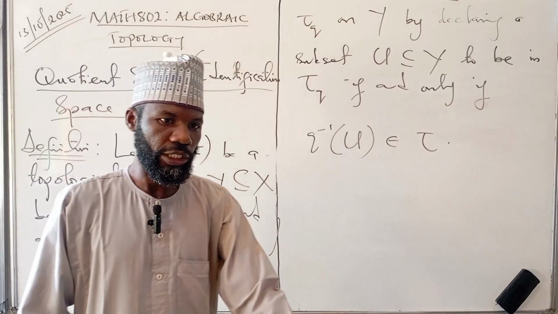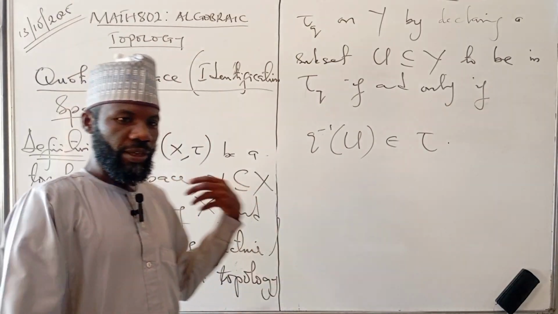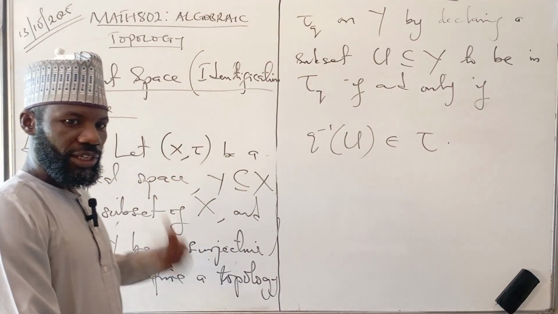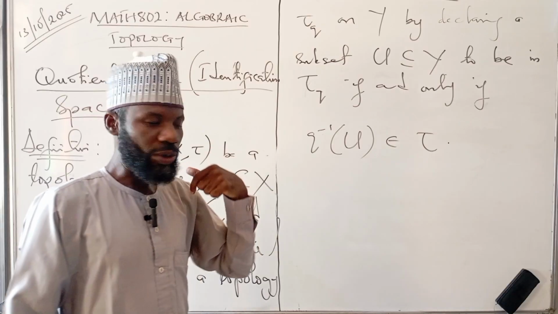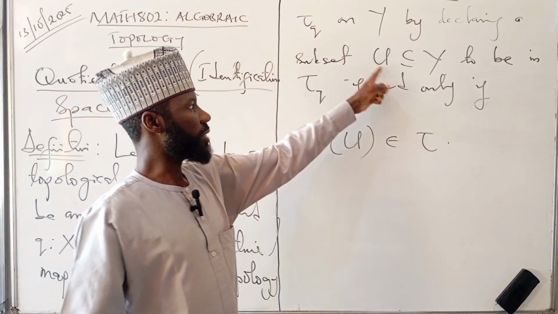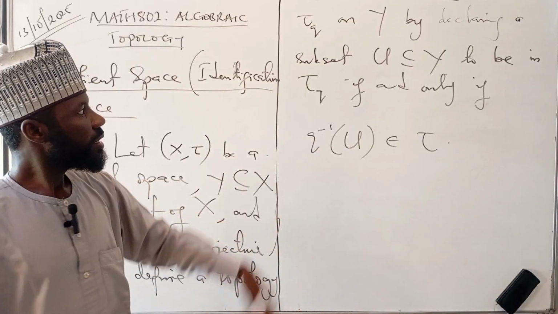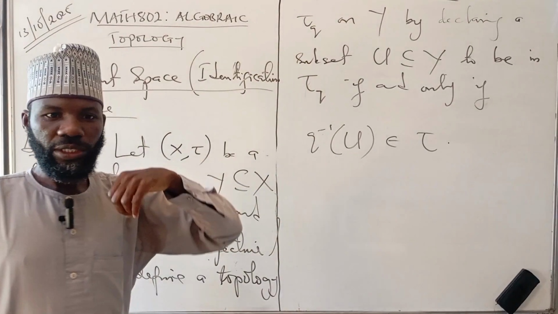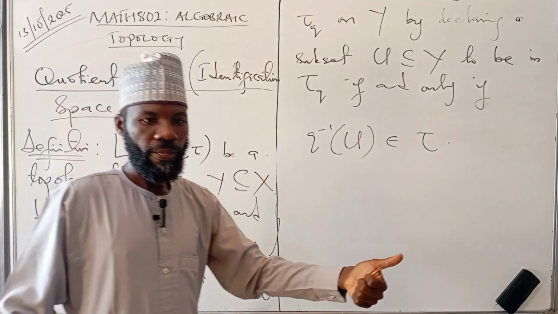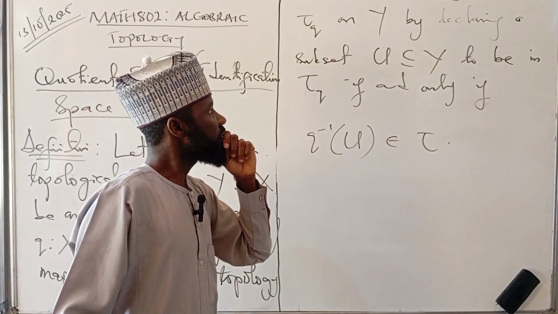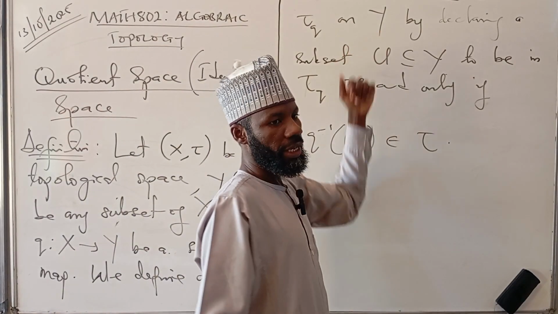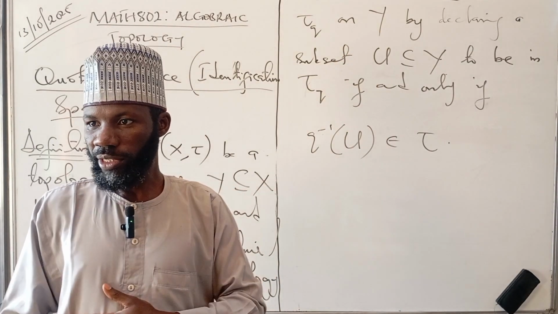So take any subset in Y. If this pre-image is already in the topology, then you declare that subset to be an open set in Y. So with this definition, tau Q will be a topology on Y, and you now make Y a topological space in this way.